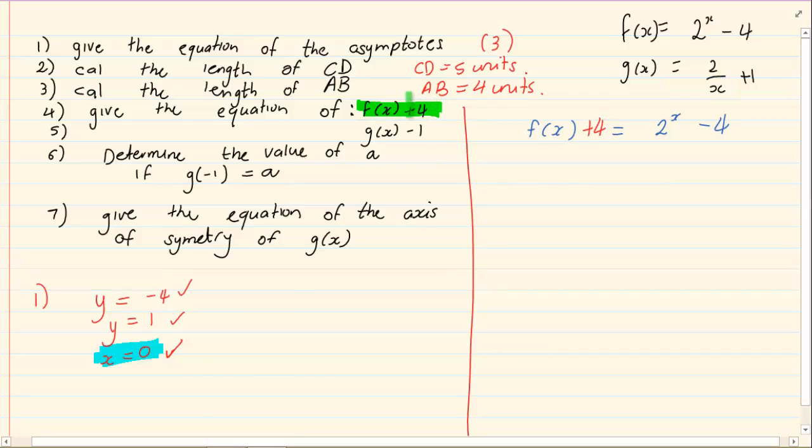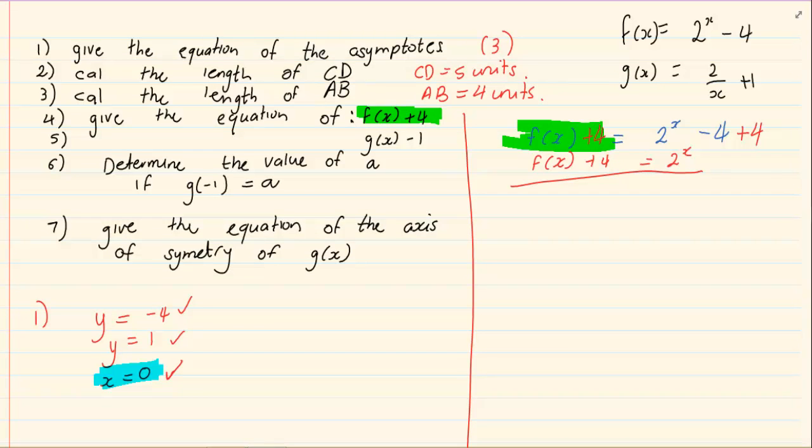So I've got f of x plus 4 here, and here I've got f of x plus 4. But the rule for maths is that what you do on one side, you have to do on the other side. So I'm going to also add a 4 on the right hand side. That will give me 2 to the power of x. So f of x plus 4 is going to equal 2 to the power of x.